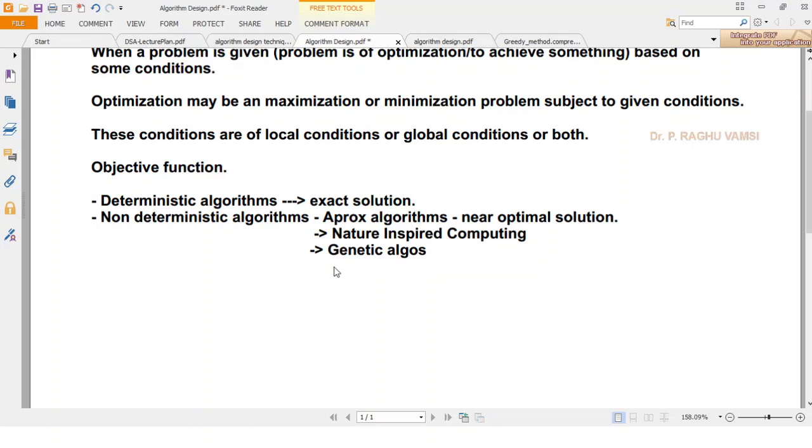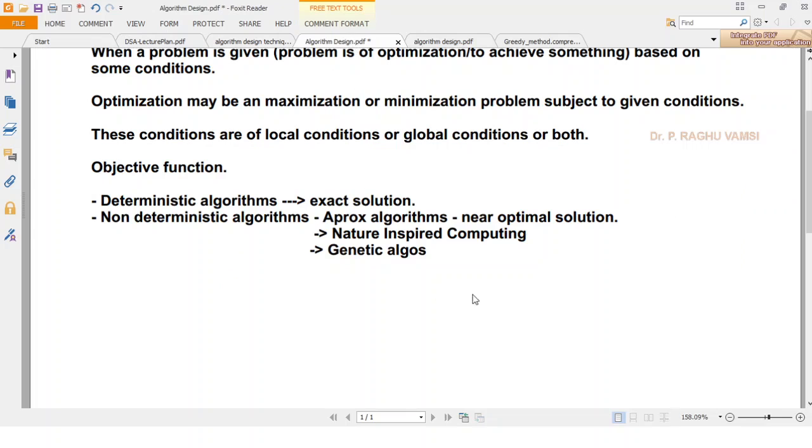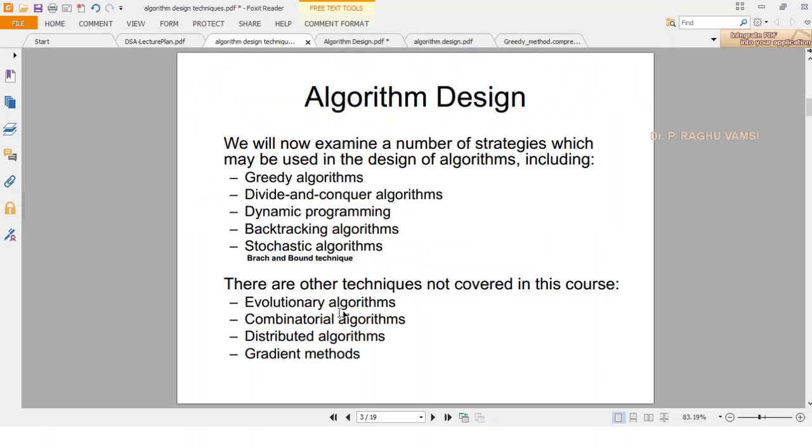Nature-inspired computing and genetic algorithms fall under the evolutionary algorithms. Here we are going to use some nature-inspired computing techniques to evolve the solution, thereby, finally, at the end of the algorithm we reach a near optimal solution. That is the basic idea of the evolutionary algorithm.